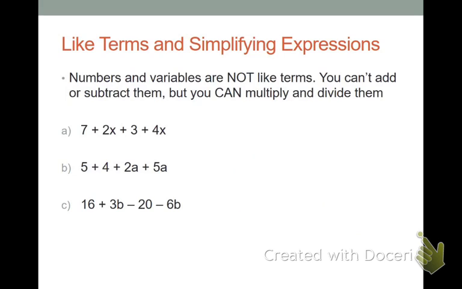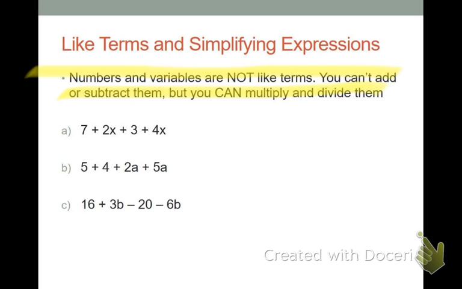Okay, so here's the last slide. You need to write this down on your regular paper, on your notes. Numbers and variables are not like terms. So write it on your regular notes. You cannot add them or subtract them, but you can multiply and divide them.